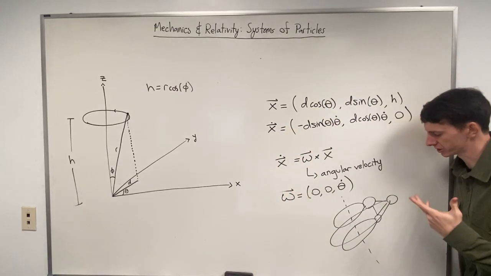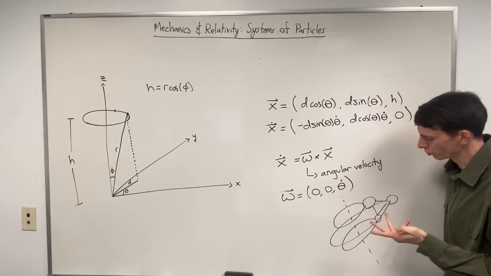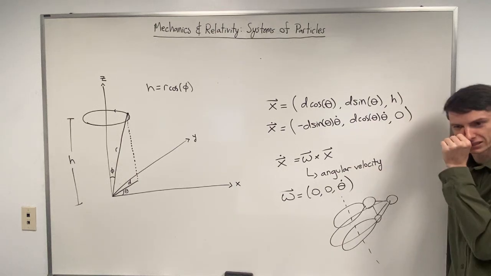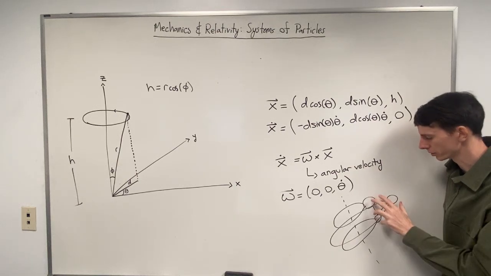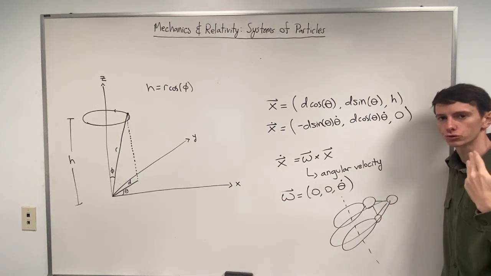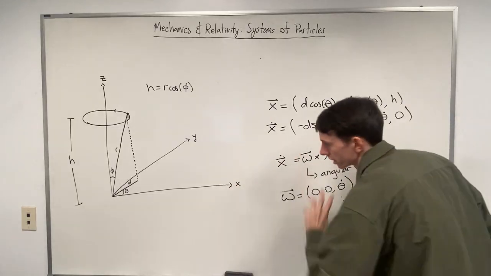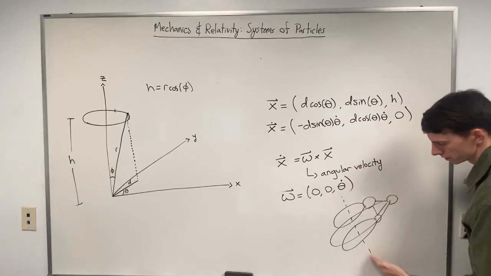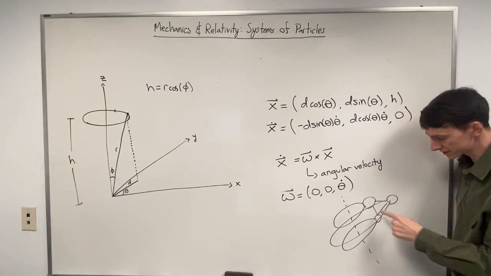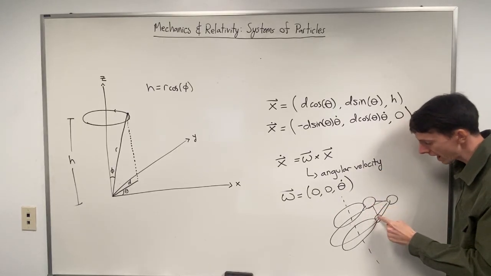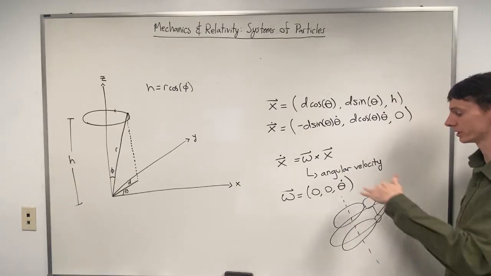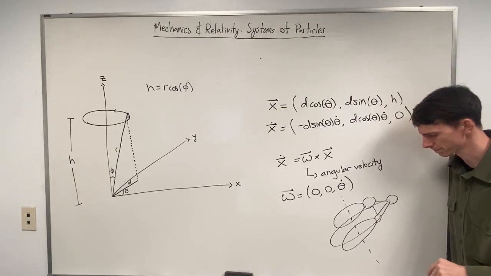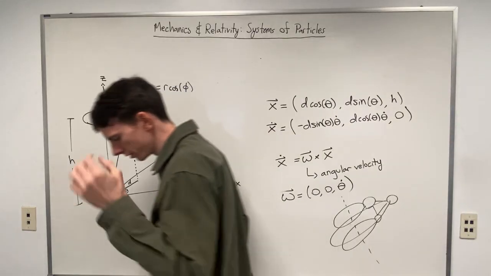Because if we have this rigid body that consists of 3 particles, and we're only looking at its rotational motion, so not how it's buzzing around in space, but just that it's rotating about this axis defined right here, then hopefully we can see that each of the paths of these particles are going to make circles about the axis of rotation. Okay. So it's a good thing to be thinking about.